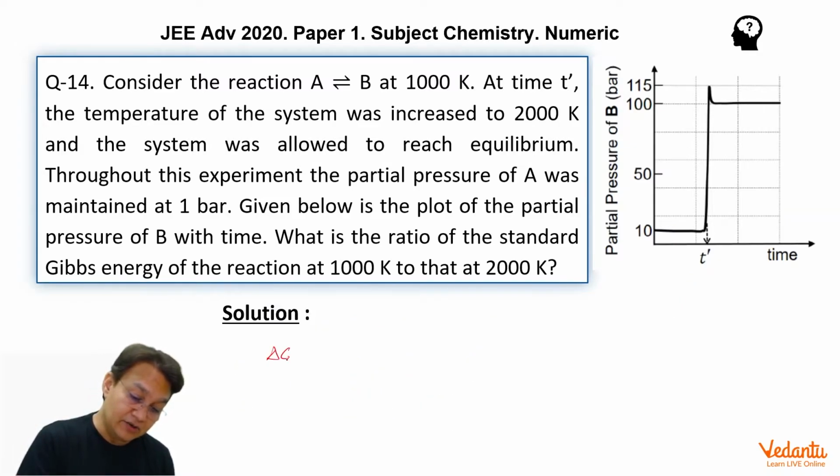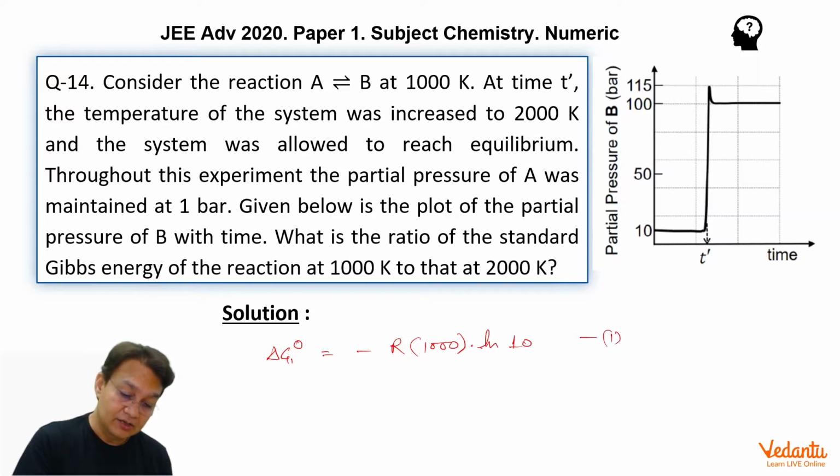So delta G1 naught is equal to minus R into the initial temperature, 1000 Kelvin, into ln of K equilibrium 1, which was 10. That's equation 1. And delta G2 naught is equal to minus R into 2000, that is the temperature, into ln 100, and that is equation number 2.